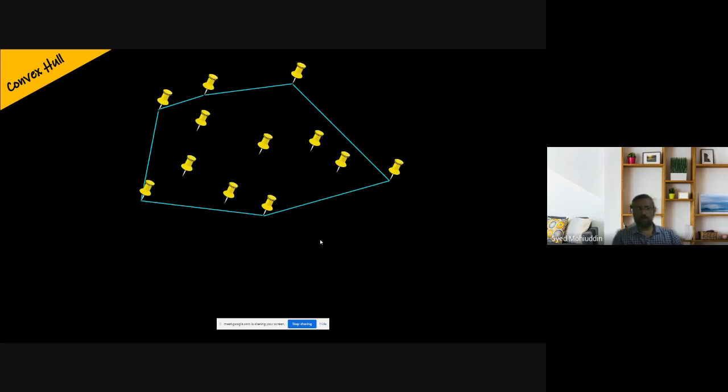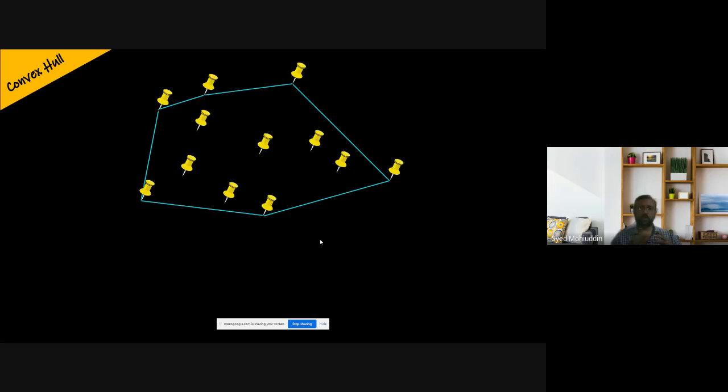So if you look at this figure, here we have several points, and the extreme points are joined by edges, or let's say a thread. All the other points should lie within this loop, and this loop is known as a convex hull.